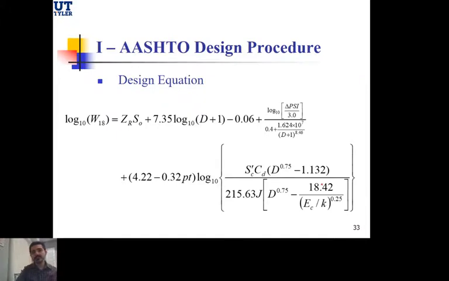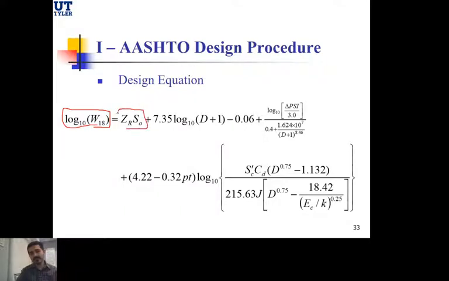So this is here where we stopped last time. Again, this is the design equation, which reminds us of the equation for flexible pavement, but again, it has its own distinctions. So W18, this is the amount of ESALs for the design life.